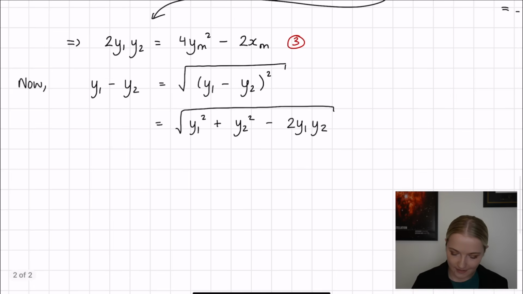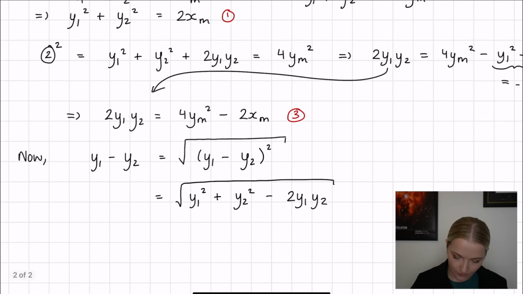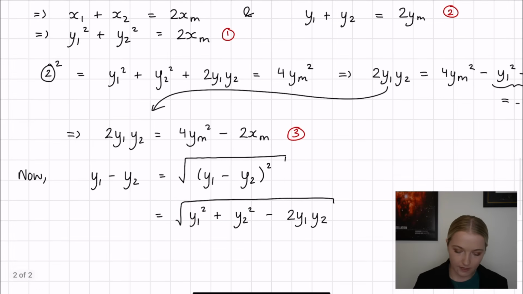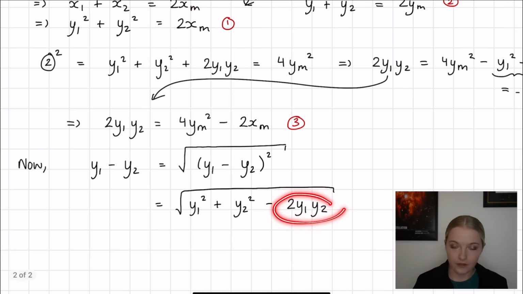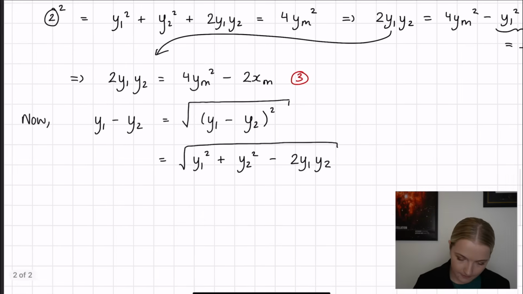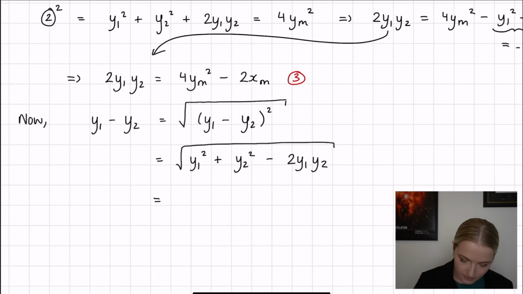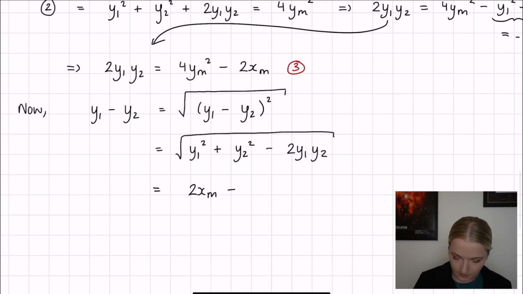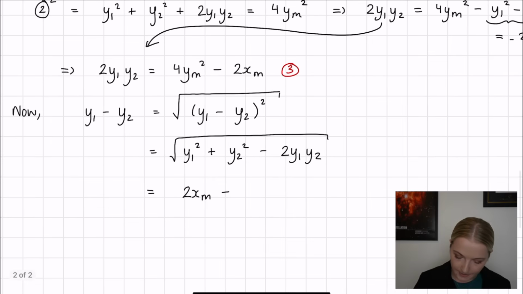But we know that y1 squared plus y2 squared is none other than 2xm, and what did we just calculate? 2y1 y2. So this is going to be 2xm minus, well, we have 4ym squared minus 2xm.